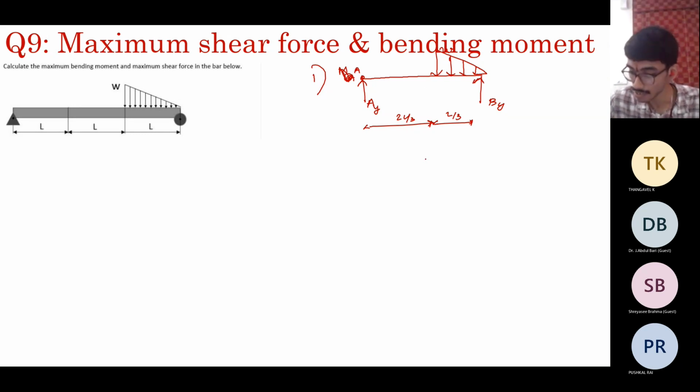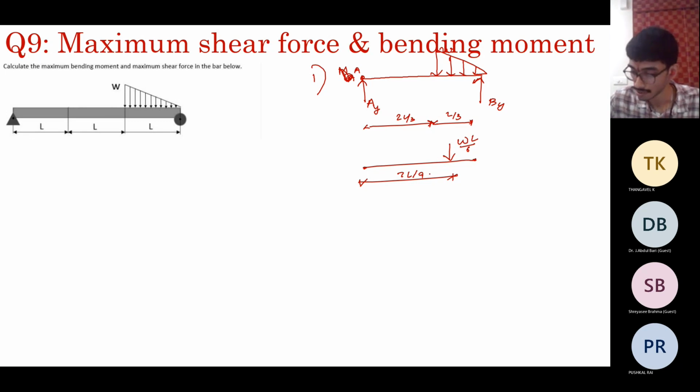So where does the equivalent load act? It acts at 2L by 3 plus L by 9. We have already determined it. So that is at 7L by 9. How much acts? WL by 6.